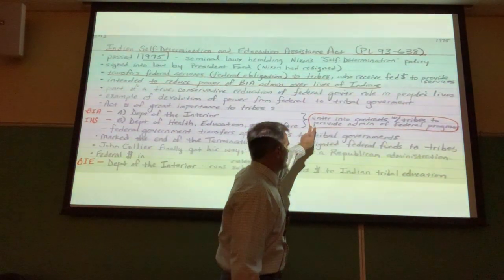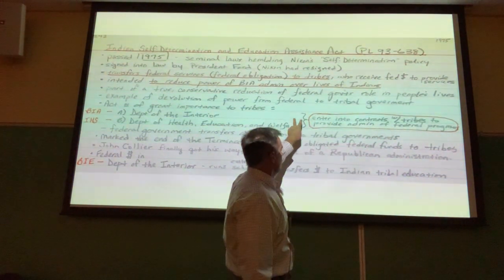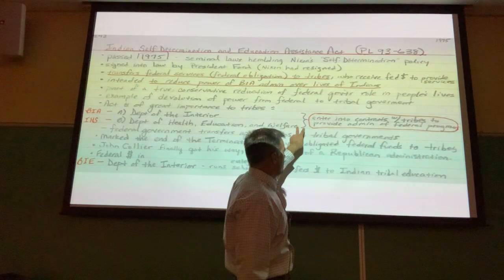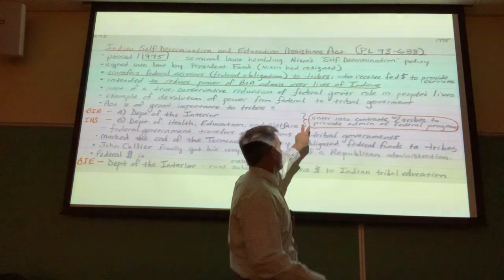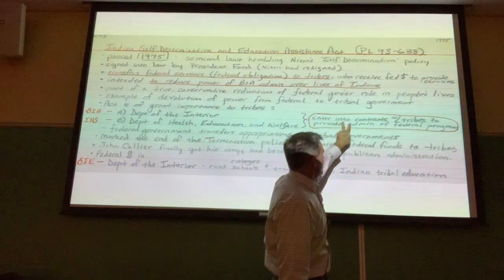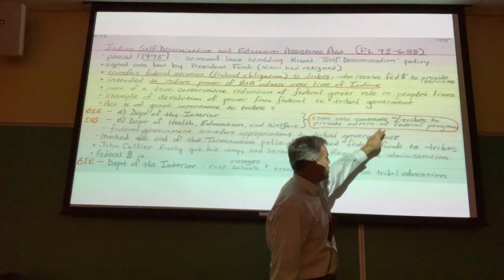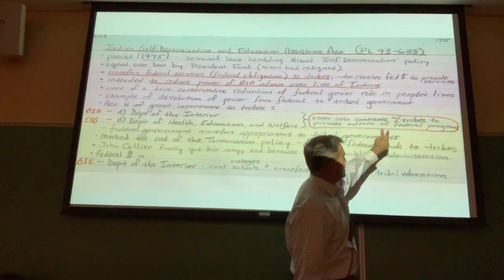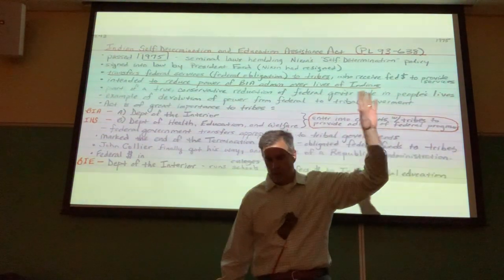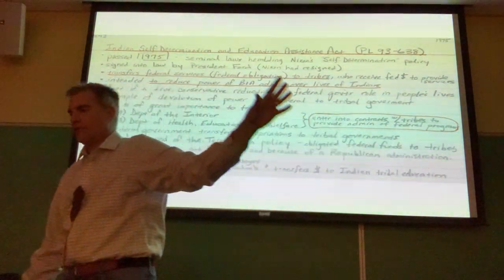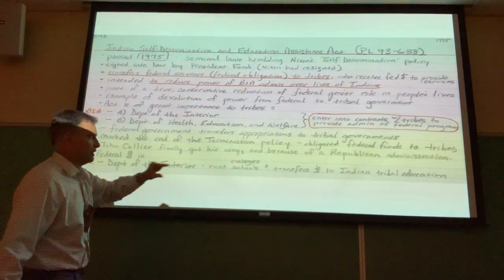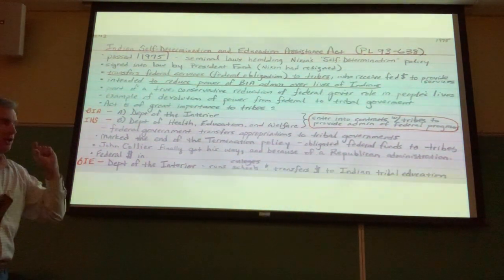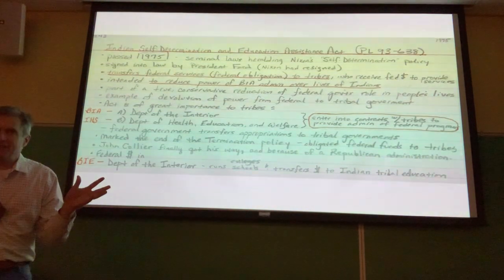And those two federal agencies would then enter into contracts with the tribes to provide administration of federal programs. So the federal programs weren't cut, they were just rerouted. And so the tribes would then have administrative authority. So what did this do in 1975?